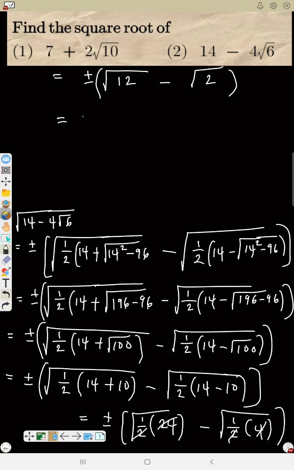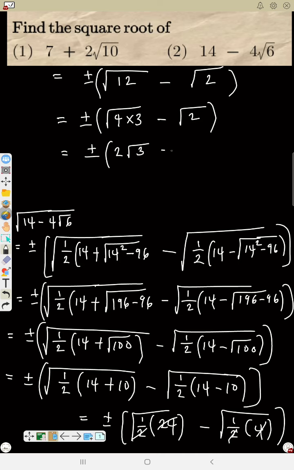So which is plus or minus square root of 12, which can be 4 times 3 in simplest form, minus root 2. So that will be plus or minus square root of 4 is 2. That will be 2 root 3 minus root 2.